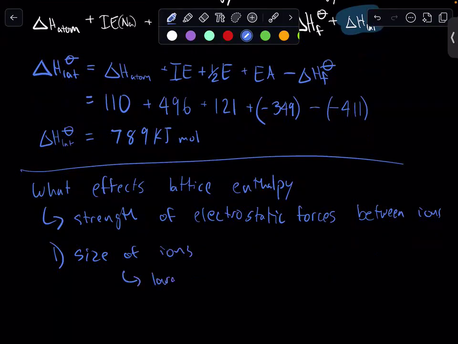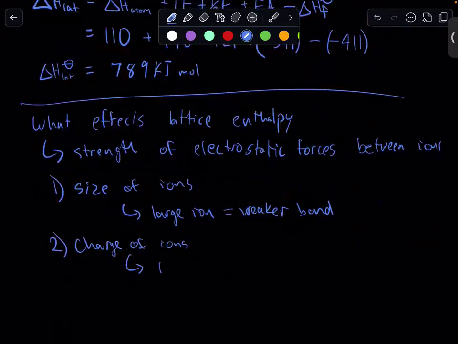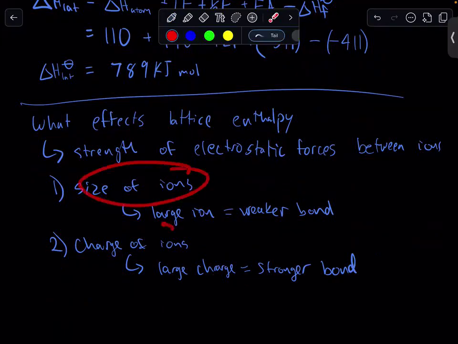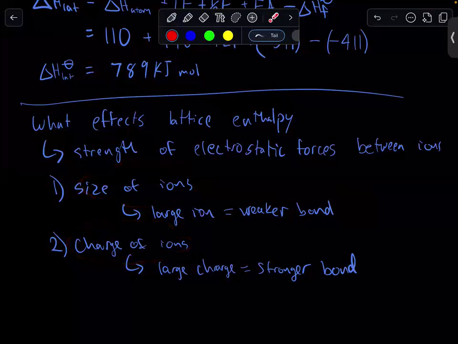A large ion is a weaker bond. And two, the charge of ions. Large charge is stronger bond. Once again, it all comes back to electrostatic interactions, and therefore it all comes back to two things, size and charge.